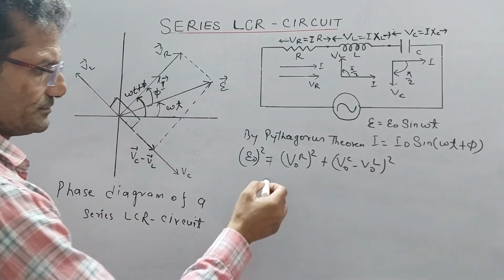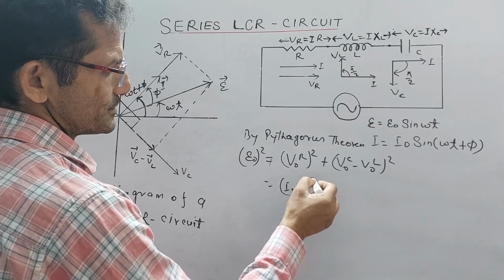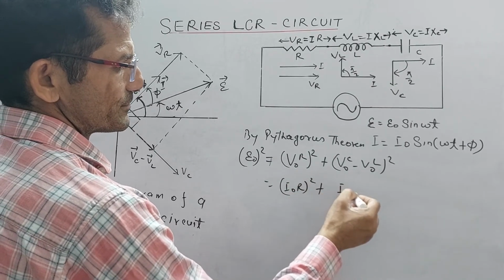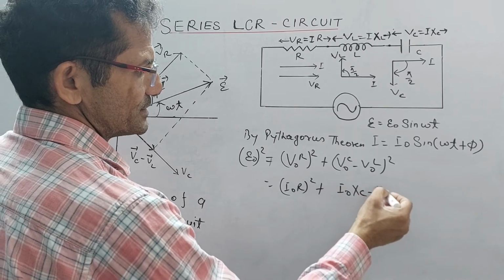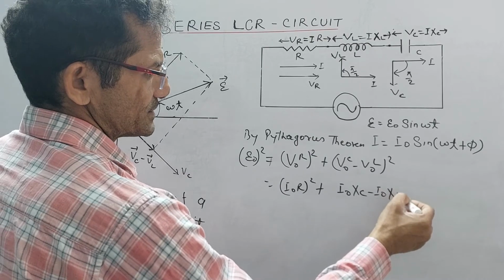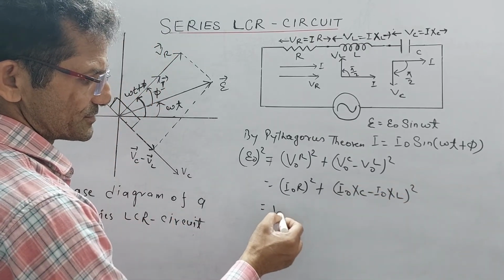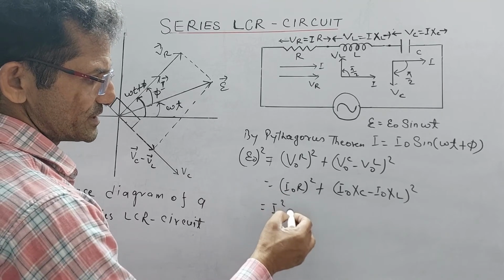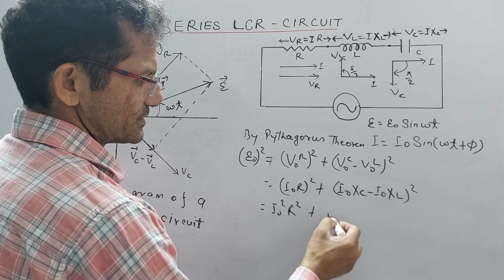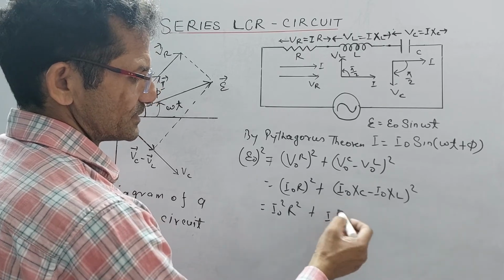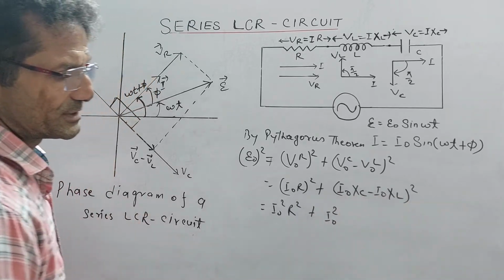Now putting the value of V naught, which is I naught R whole square plus I naught XC minus I naught XL whole square. Taking I naught outside, it becomes I naught whole square R square plus, taking I naught from here after making a square of this one, because it has a whole square term.